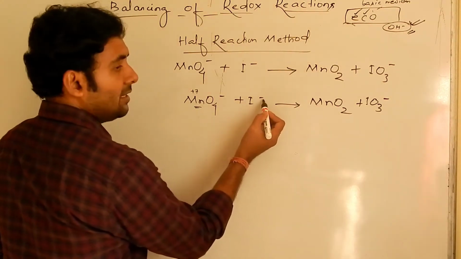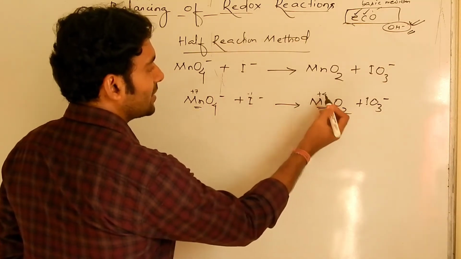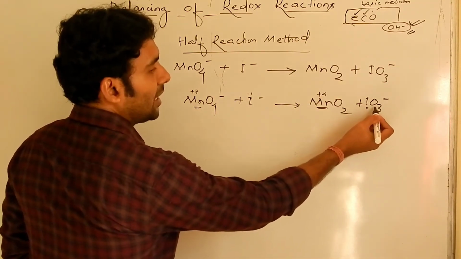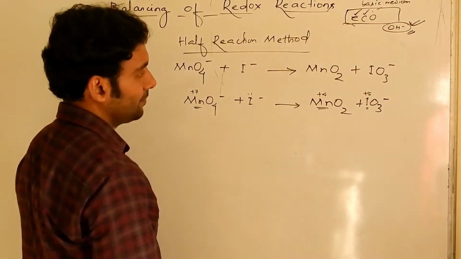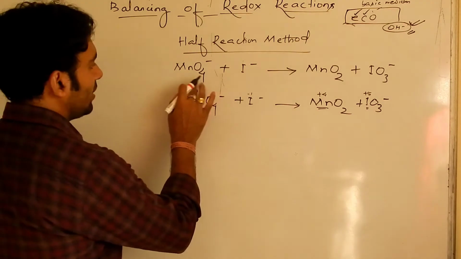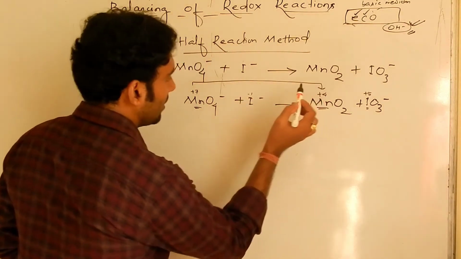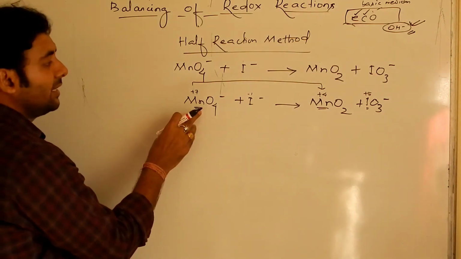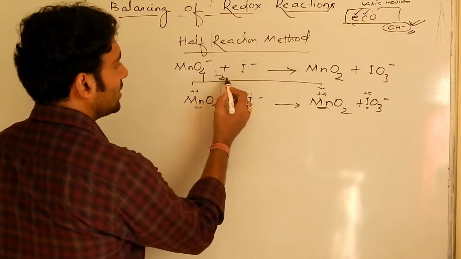Here iodide is in -1 oxidation state. Manganese here is in +4 oxidation state, and in iodate the iodine is in +5 oxidation state. Now you can easily identify, as there is a decrease in oxidation number of manganese, from +7 to +4, that this is reduction.